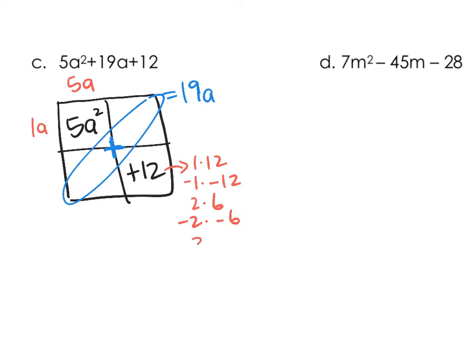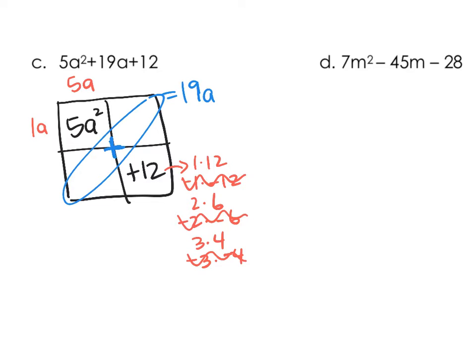We could have a 3 times 4 or a negative 3 times negative 4. Now I notice that in my polynomial, I had a 5a squared plus 19a plus 12. So there were no negatives in my original polynomial, so I don't think that these negative options are really going to help me out, which really helps to narrow down my options.